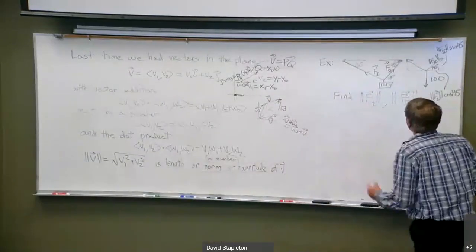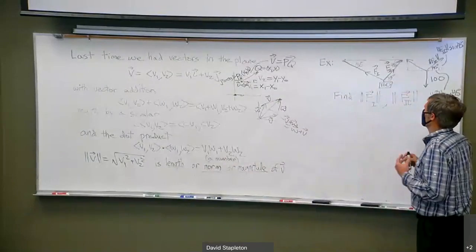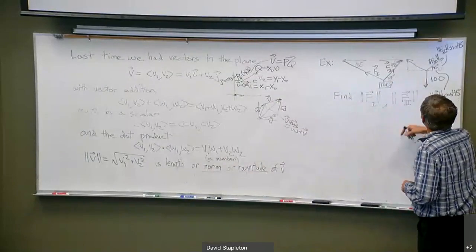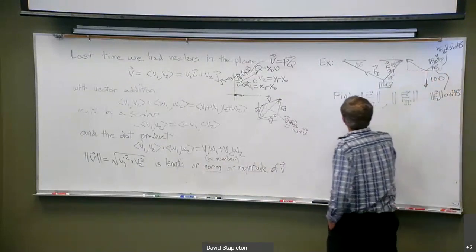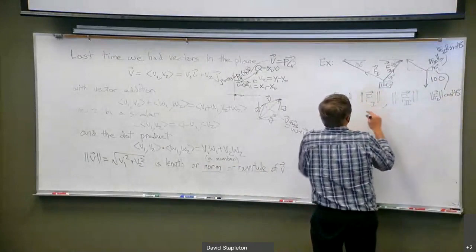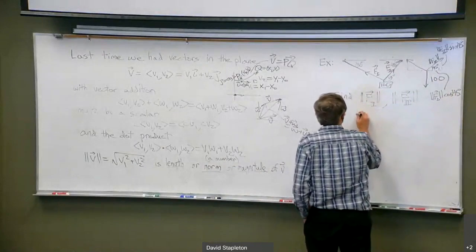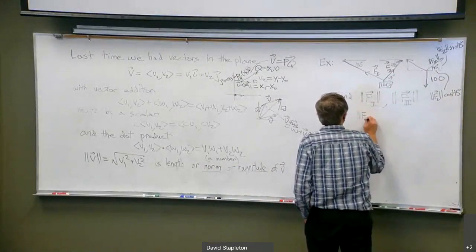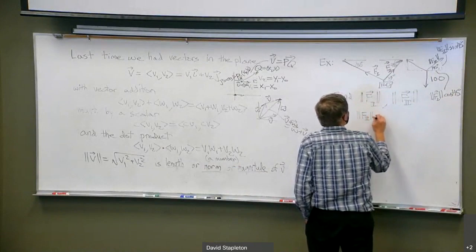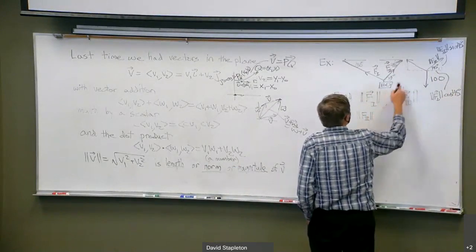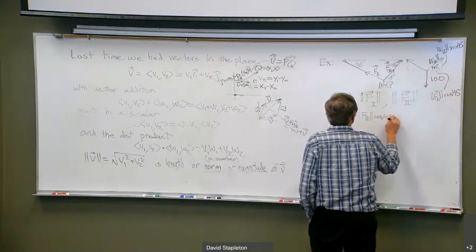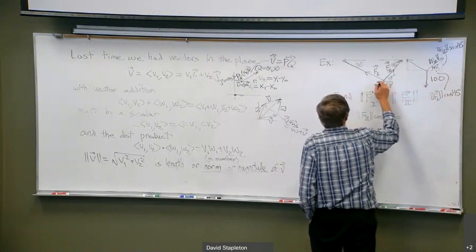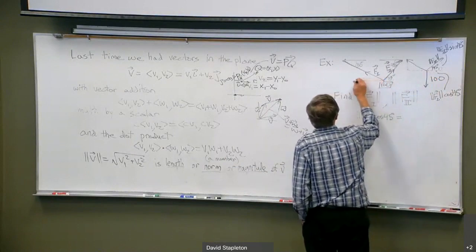And now what do we know? This weight has no horizontal component. It's strictly vertical. So we know that these two components cancel for it to be in equilibrium. In order that it doesn't move sideways, those forces have to balance. We know that the length of F2 times the cosine of 45 degrees, that's that one, must be equal to, well, we can break this one up into components too.